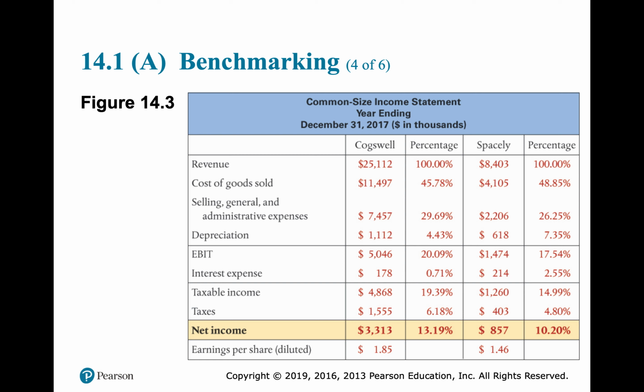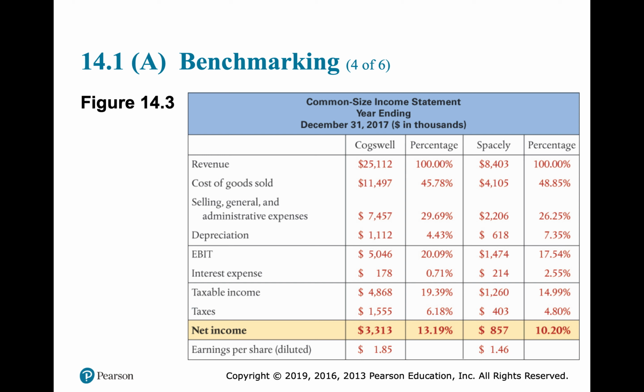Okay, so your book gives you this example here with Cogswell again, but we're looking at Cogswell as compared to Spacely, right? And even though Cogswell does considerably more business than Spacely, when I make these conversions to percentages, it tells me that Spacely isn't all that different from Cogswell.